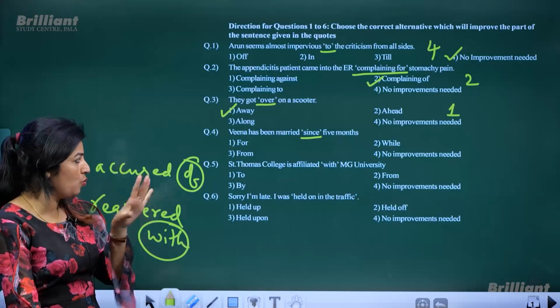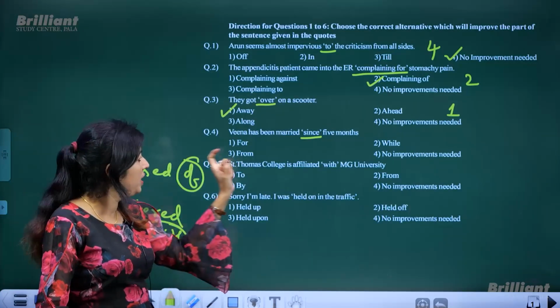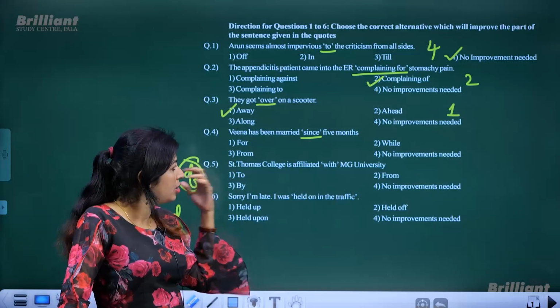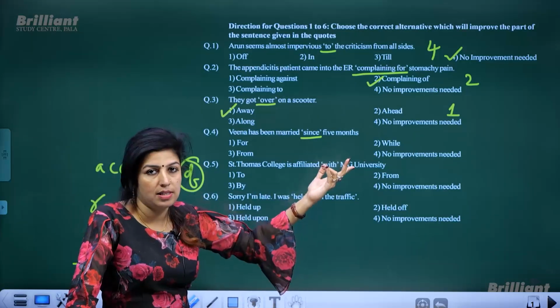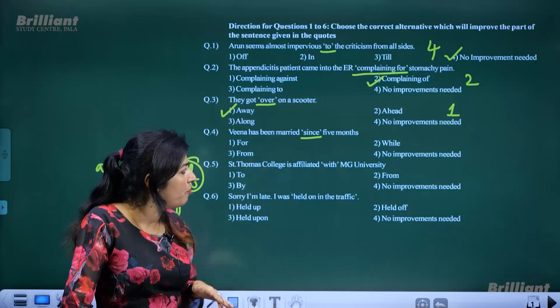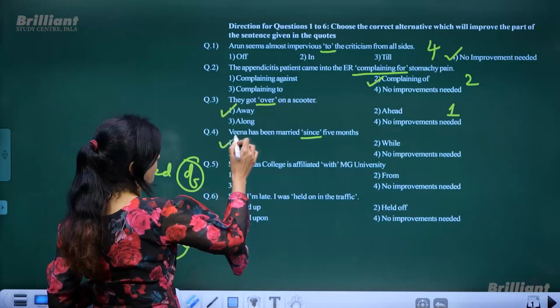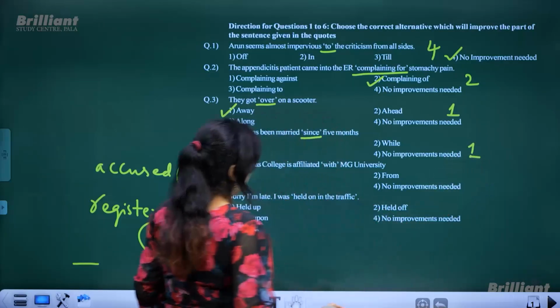We need to choose one from the first 3 options. Veena has been married since 5 months, or should it be for 5 months, while 5 months? Of course, it sounds awkward. From 5 months also is not proper. So it should be for 5 months, the first option again.